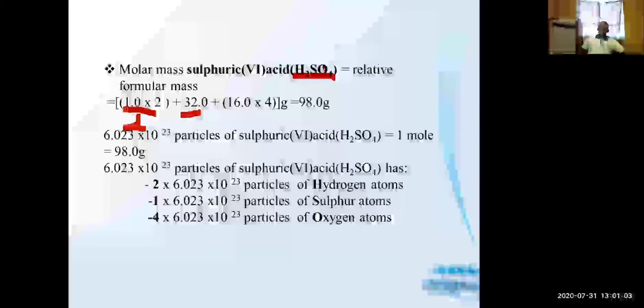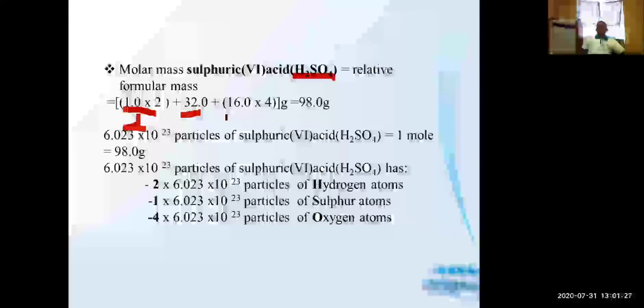And there are 4 oxygen atoms, and one oxygen atom has a relative atomic mass of 16, so 16 times 4 gives 64.